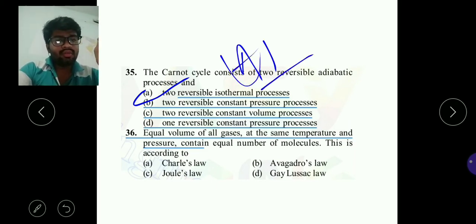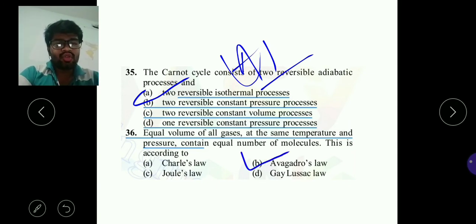Then question 36: equal volumes of all gases at the same temperature and pressure contain an equal number of molecules. This is Avogadro's law. If we are asked about Charles's law or Gay-Lussac's law: in case of Charles's law, your pressure remains constant, and there is a relation between volume and temperature.